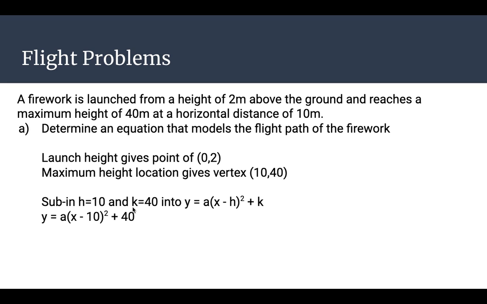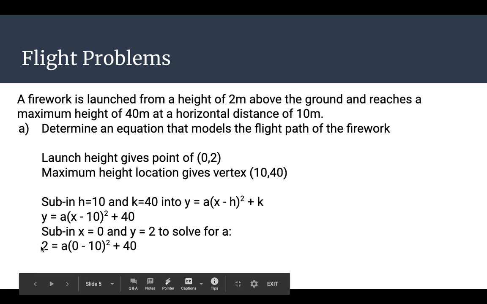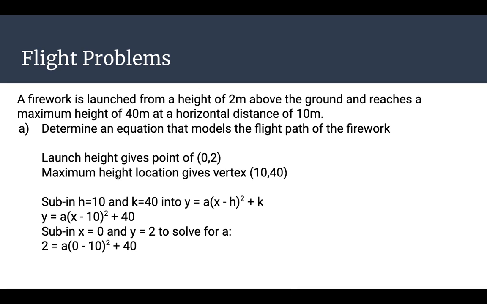Okay, there we are. And now we're going to put in our point to solve for a. So we're going to put in 0 for x and 2 for y. And now we can do the math to get a by itself. So we have 2 equals a times (0 minus 10) squared plus 40. 0 minus 10 is negative 10, and negative 10 squared is 100.